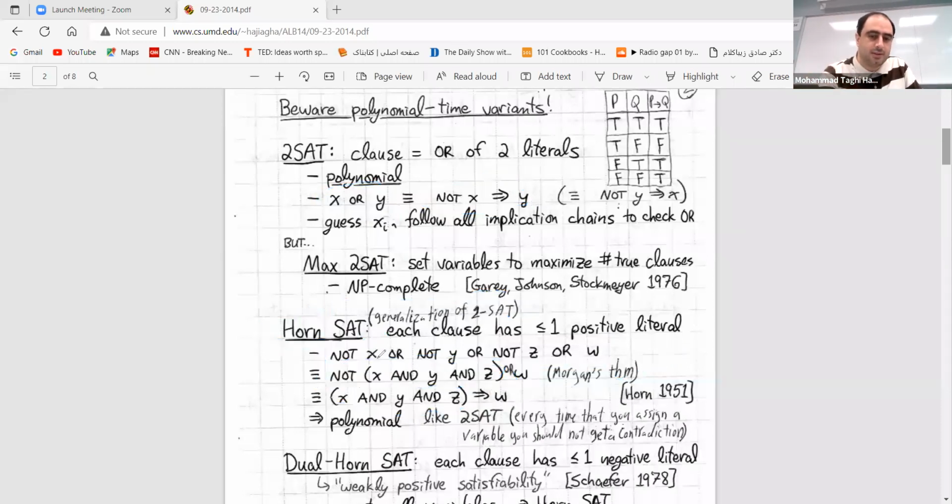So here, instead of this formula, we can write this. Then, because we can change it into this form, we can easily solve these problems via 2-SAT essentially.